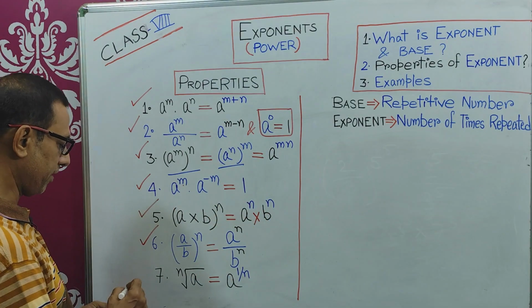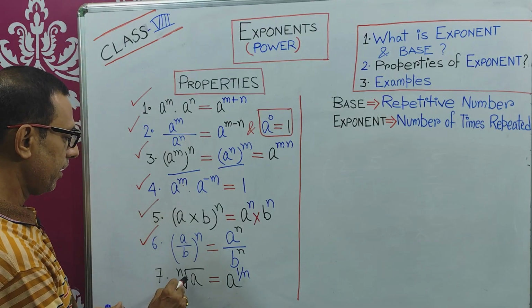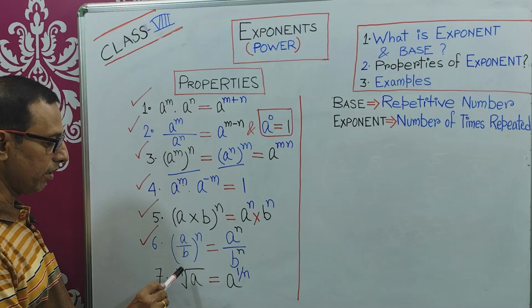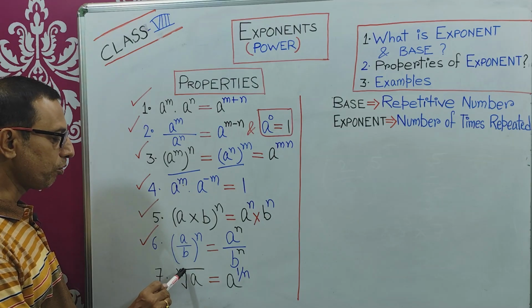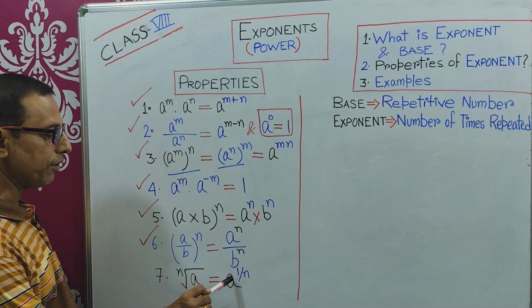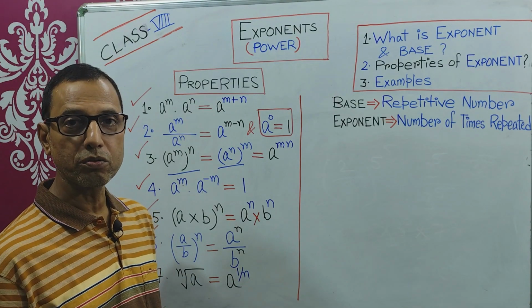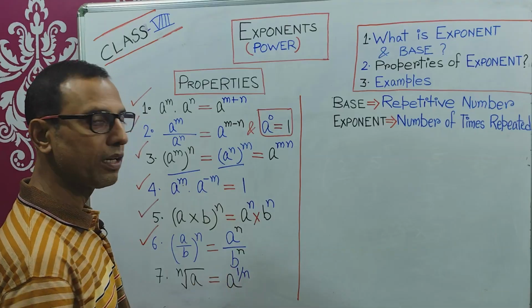Now it is about property 7. In property 7 what we are saying is nth root, that is how you will read it out. Nth root of a equals a to the power 1 by n. You have another chapter, square root, where you will also utilize this.